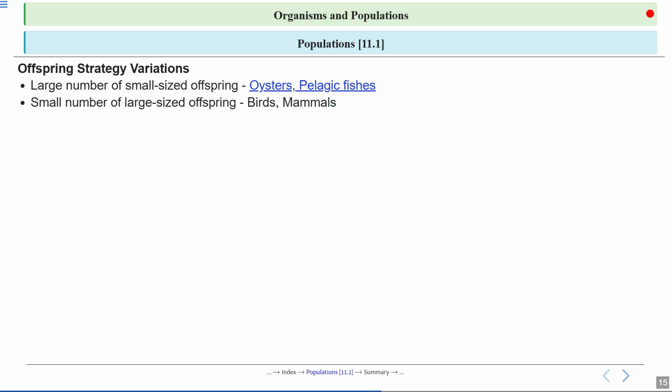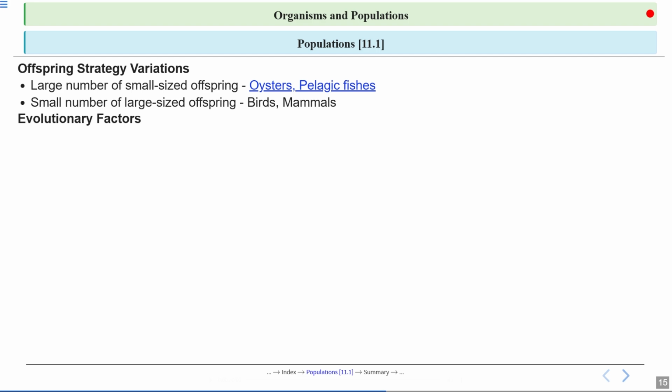Clear? Now, some organisms such as birds and mammals produce a small number of large-sized offspring. This approach allows parents to invest more resources and care into each offspring, increasing their chances of survival in environments where competition is high or resources are limited. Clear?